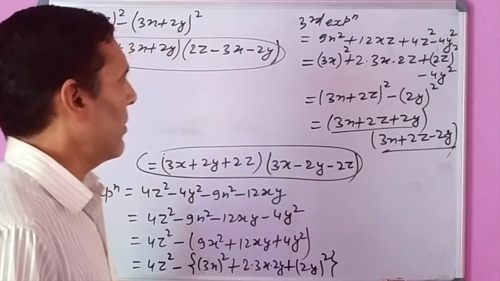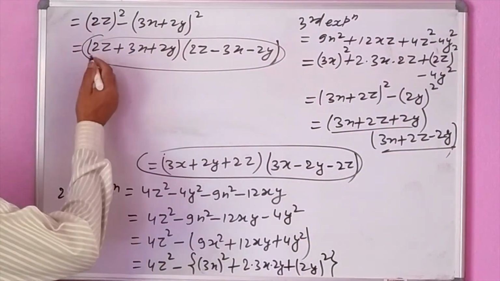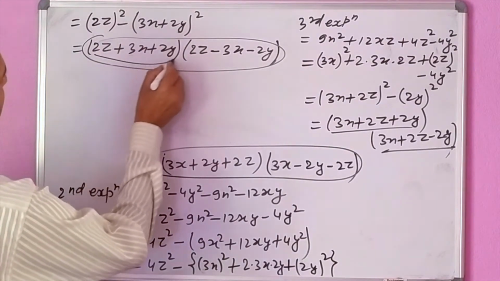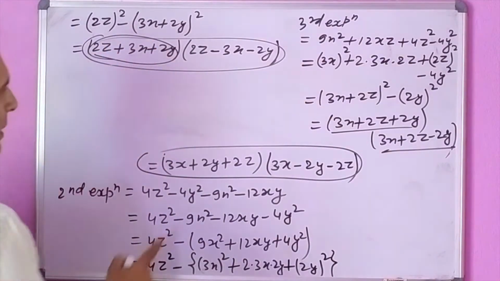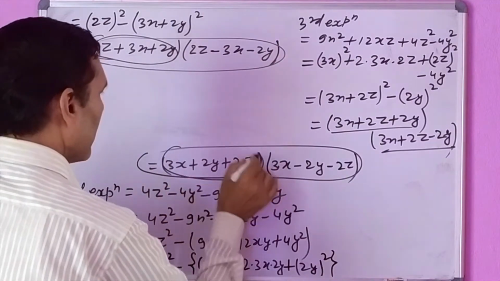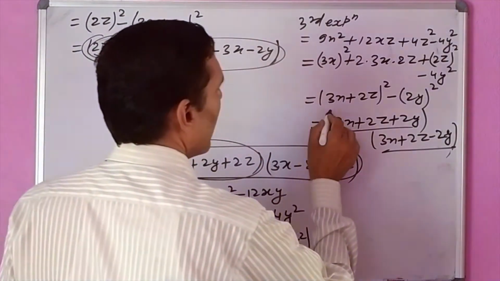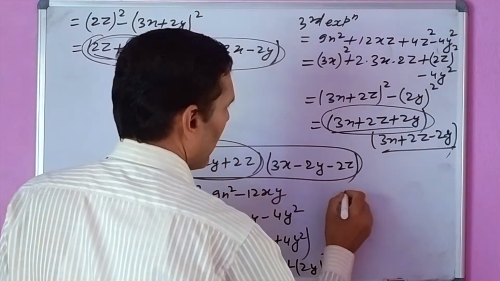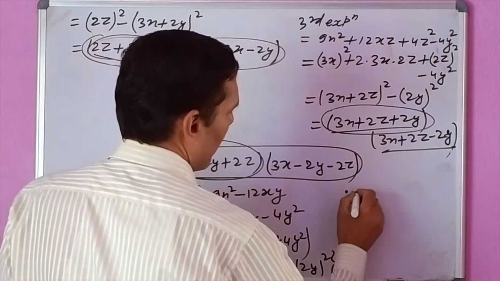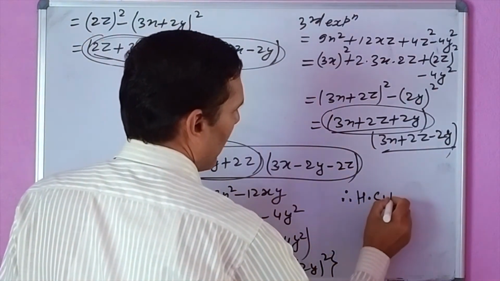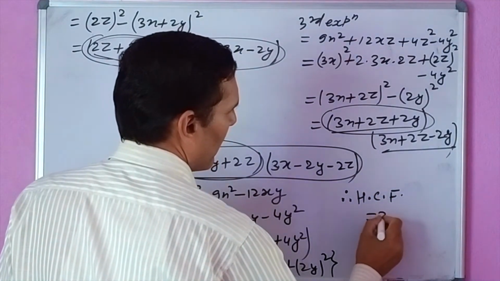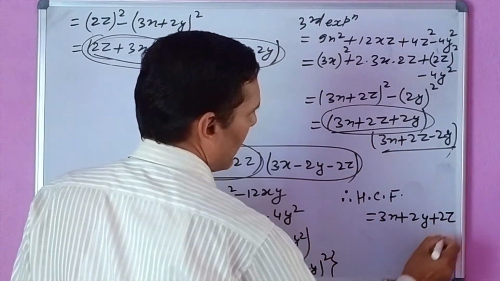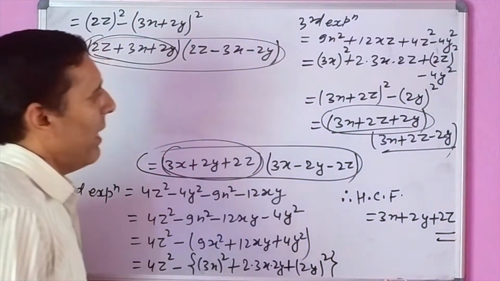It is the same thing. Look here now: 3x plus 2y plus 2z, this factor, and then 3x plus 2y plus 2z again in each. It is the common factor present in all the three expressions. Therefore, your HCF is equal to 3x plus 2y plus 2z. This is the required answer.